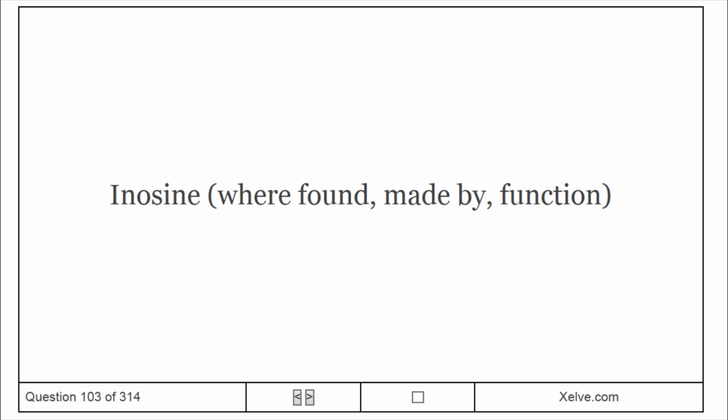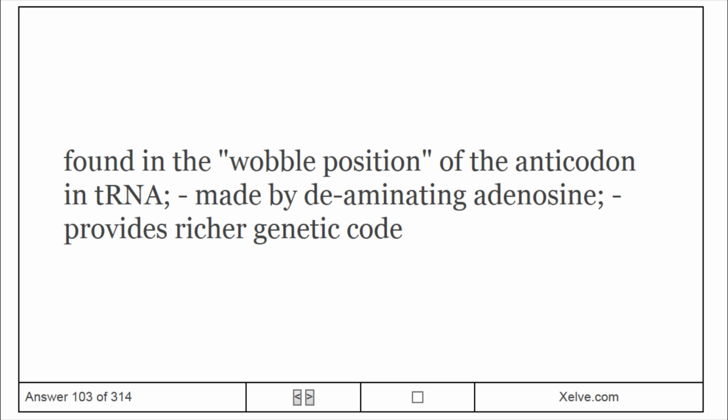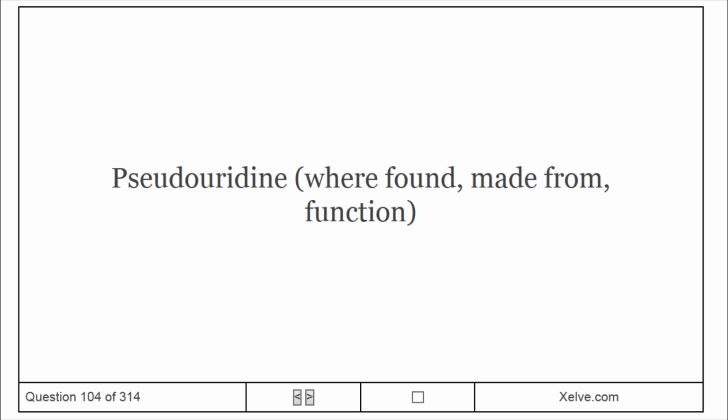Inosine. Found in the wobble position of the anticodon in tRNA, made by deaminating adenosine. It provides a richer genetic code. Pseudouridine.